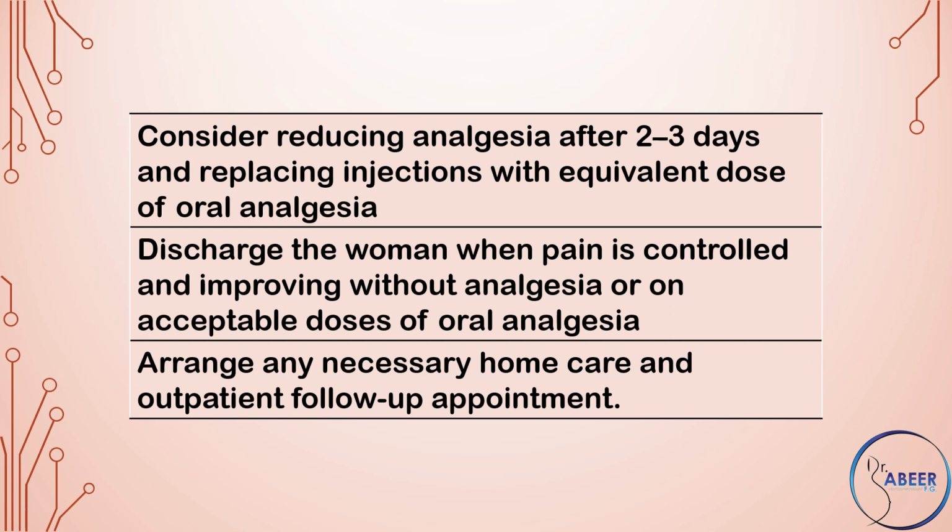Consider reducing analgesia after 2 to 3 days and replacing injections with equivalent dose of oral analgesia. Discharge the woman when pain is controlled and improving without analgesia or on acceptable doses of oral analgesia. Arrange any necessary home care and outpatient follow-up appointment.